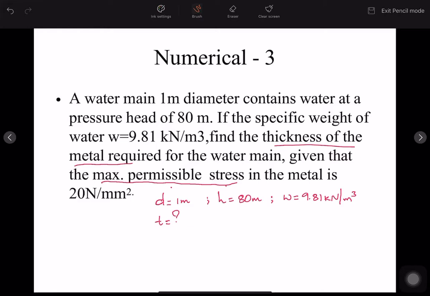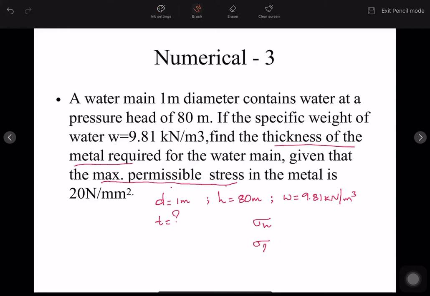Both are the same. So maximum permissible stress equals allowable working stress, right? These two terms are similar. So the maximum will be sigma H, as I already mentioned.